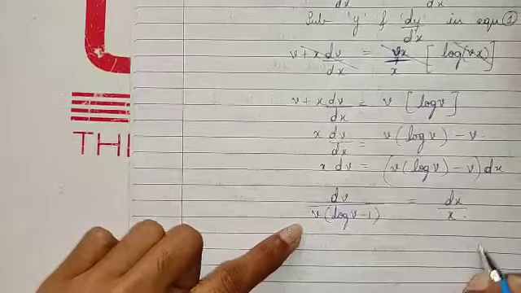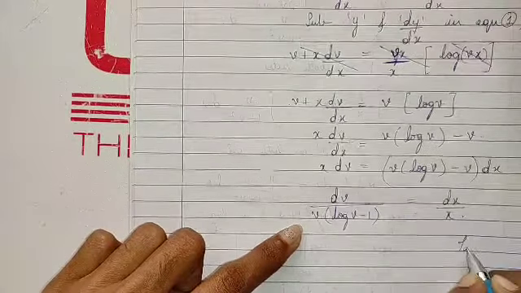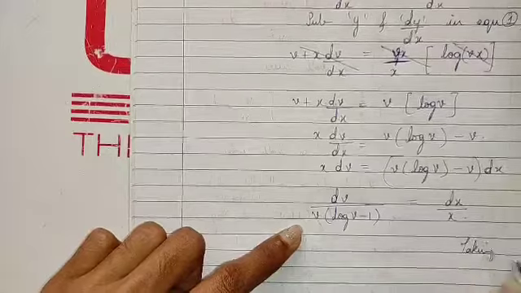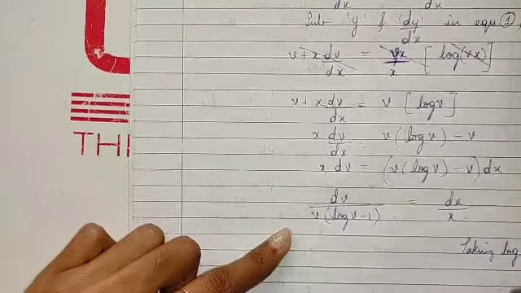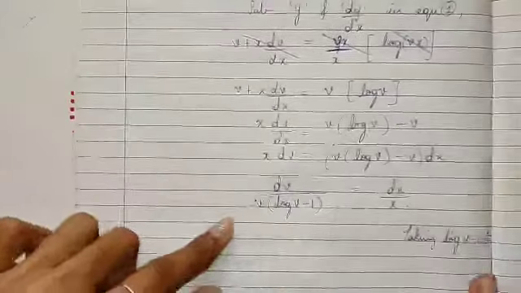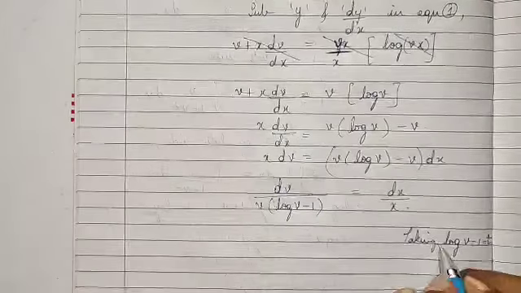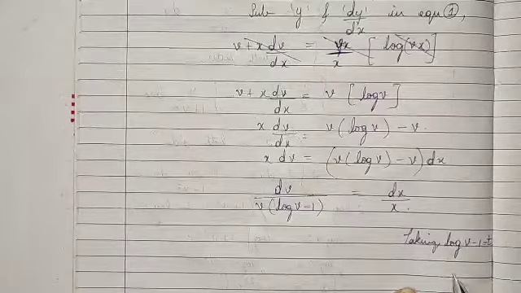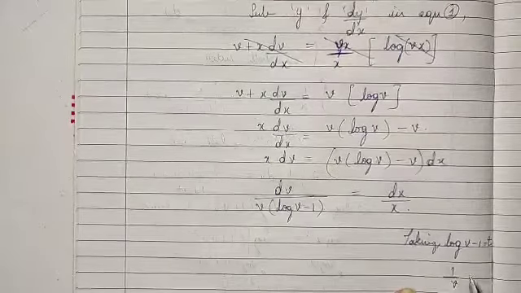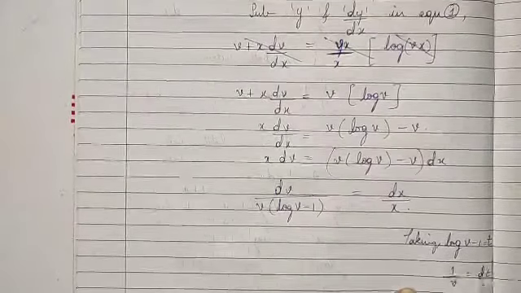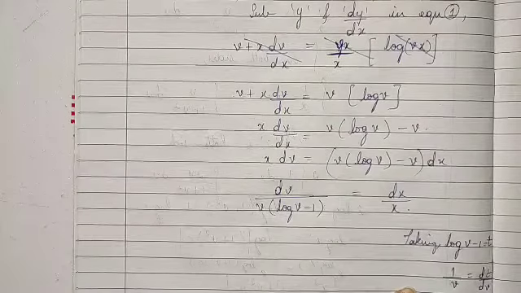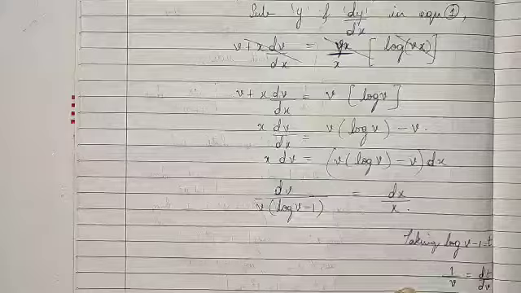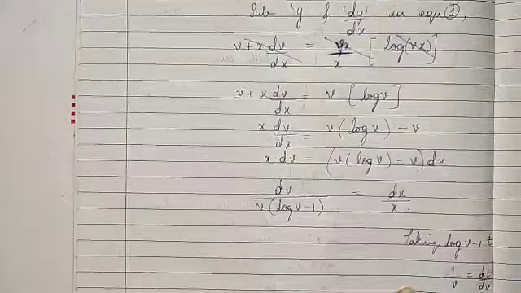Say if I take log v minus 1 is equal to t, if I take log v minus 1 is equal to t, what happens? Differentiate this, what happens? 1 by v is equal to dt by dv. What is dt? It is 1 by v, dv is nothing but dt, right?